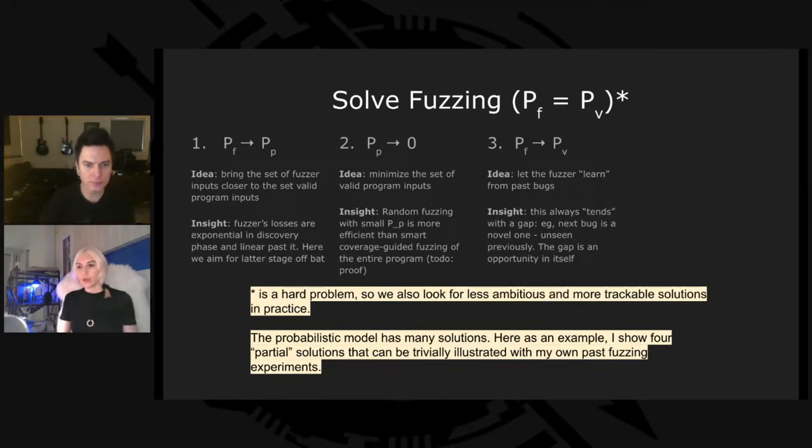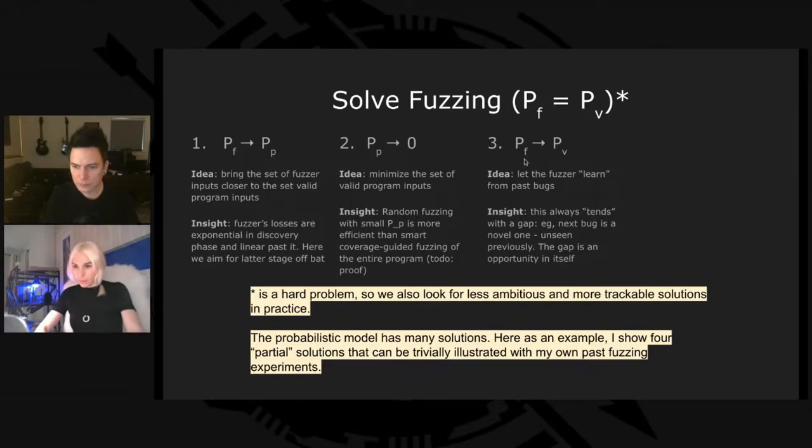In this situation, the inputs that the fuzzer generates from such a probability distribution will potentially be attacking the same patterns or the same areas where previous vulnerabilities happened. This cannot be solved exactly because when we're discovering bugs, it turns out that the next bug is sometimes novel and something unseen previously.